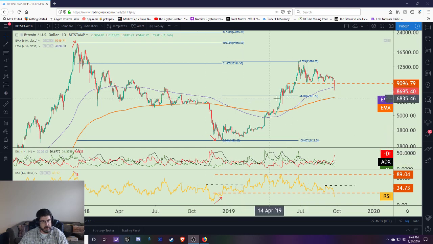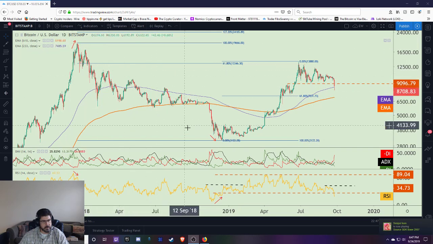So, first of all, let's just look at the broad market overall. Just trends in general. If we start all the way back in 2018 when we hit that almost $20,000 high, and we worked all the way down to our low, just looking at this broad bearish move here, down to 3,122.